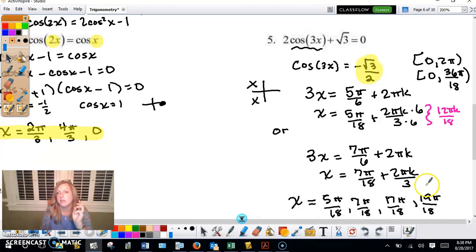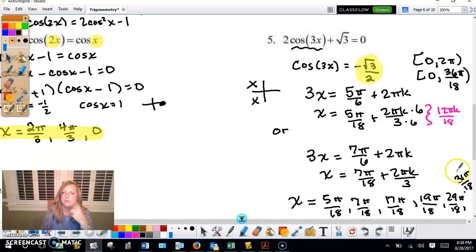And then k equal to 2. So you're going to add 24 to 5. That's going to be 29 pi over 18. And add your 24 to 7, which is going to give you 31 pi over 18.